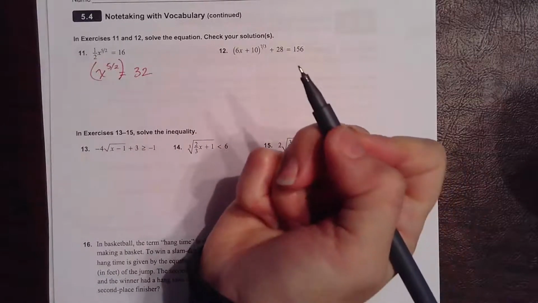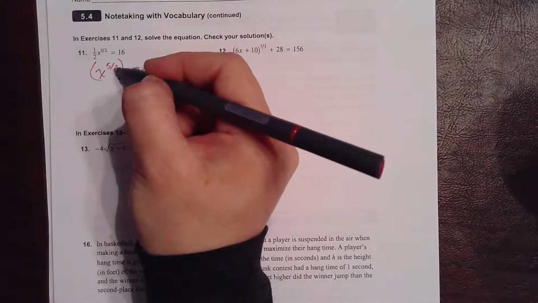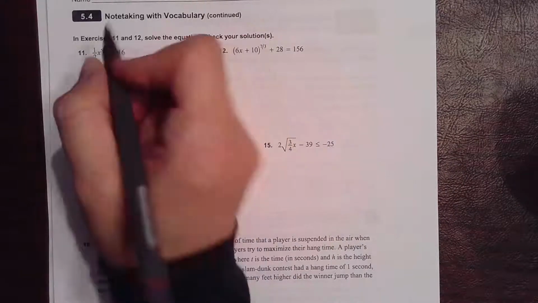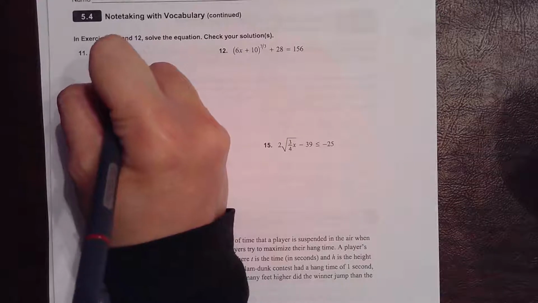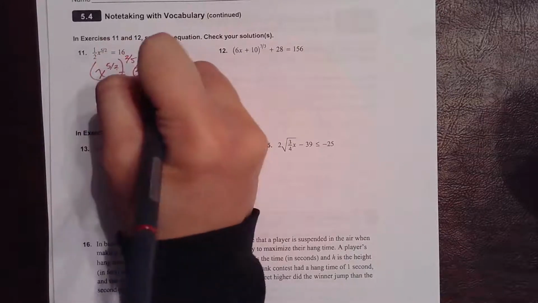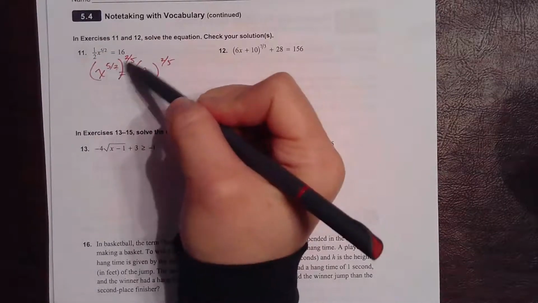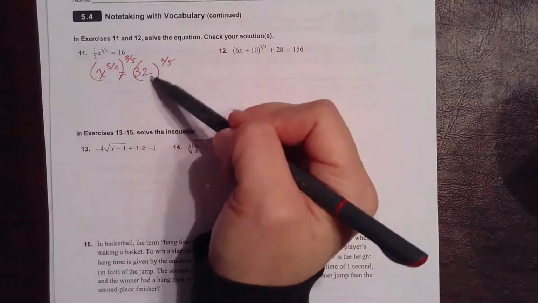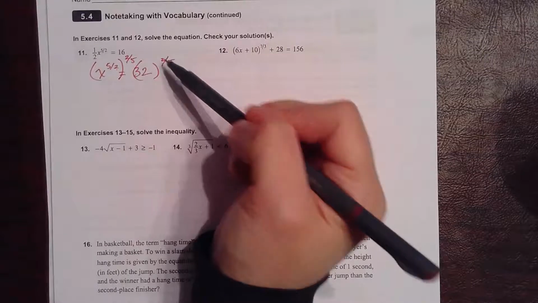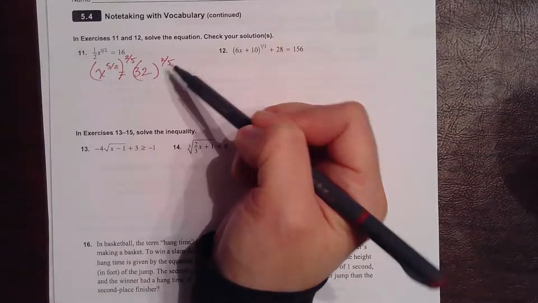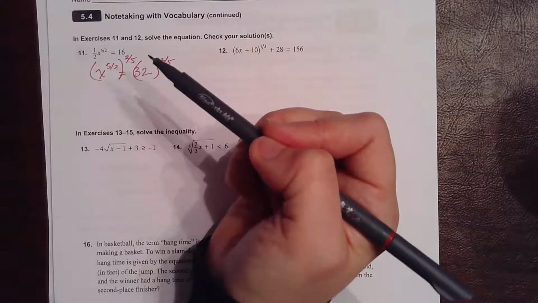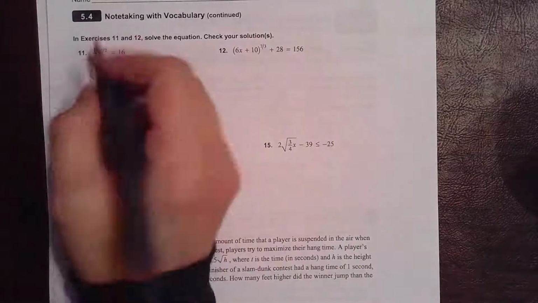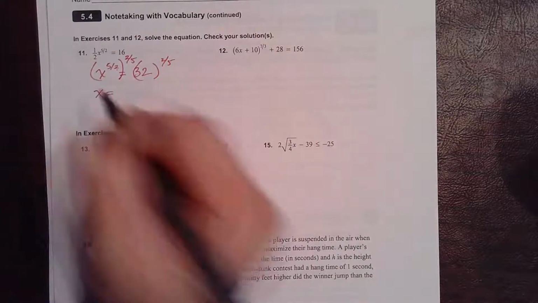So to get rid of that, something that's being raised to the 5th power and taking the square root, I'm going to raise both sides to the 2/5. And the reason why is so that the 5 over 2 and the 2/5 cancel each other out, which is what I want. So remember, what we're doing to both sides of our equation is we're squaring it and we're taking a 5th root. So we're taking an odd root, which means that I don't have to put a plus or minus because it's an odd root.